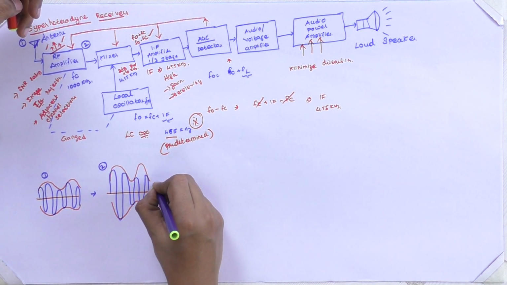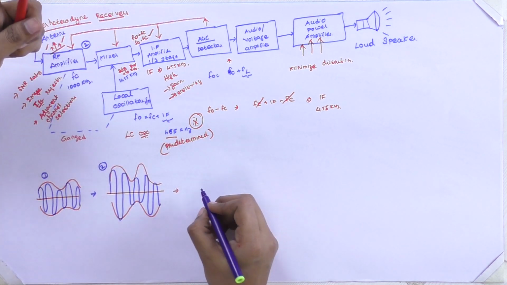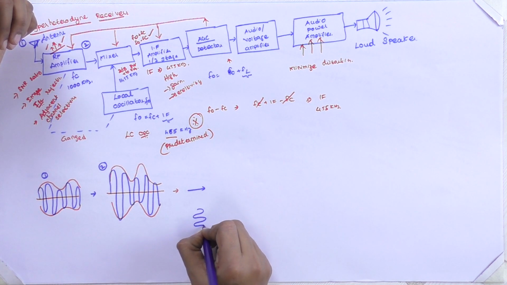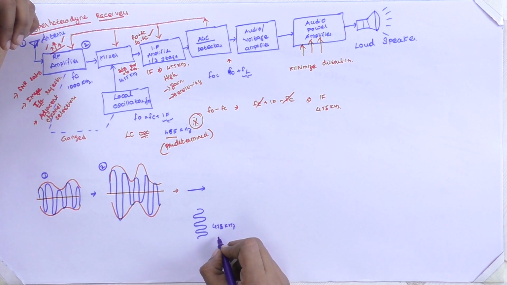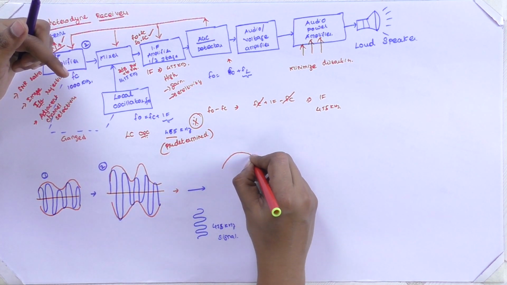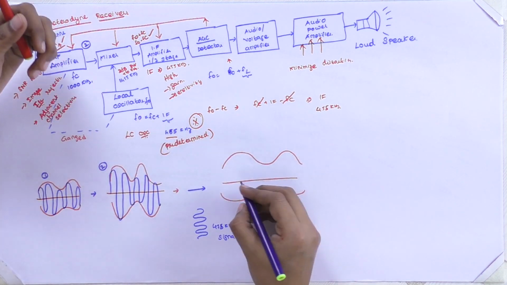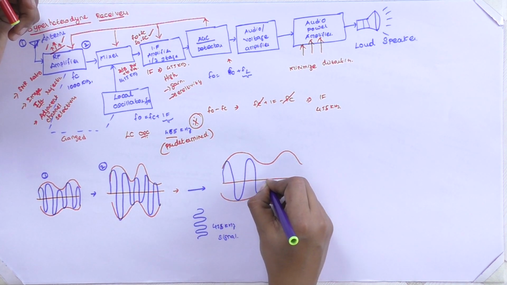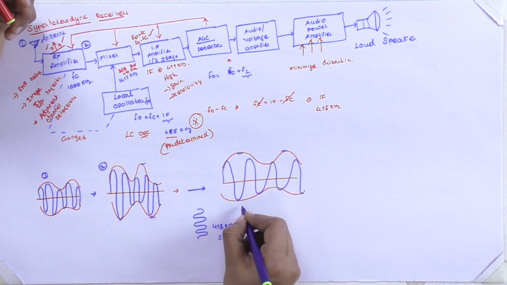The signal is drawn here only for our graphical representation, and the third stage is the mixer. Here we are mixing in the 455 kilohertz intermediate frequency signal. Therefore, in order to reduce the frequency range, the amplitude must be maintained equal.